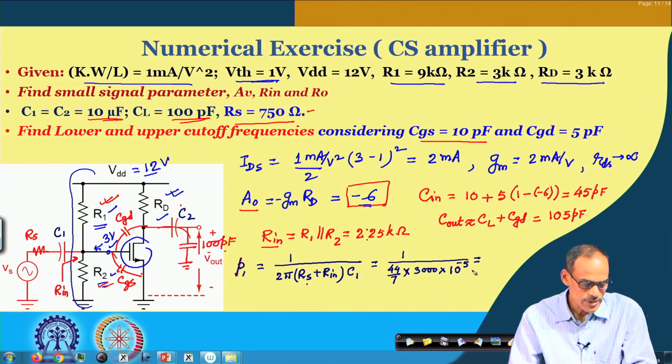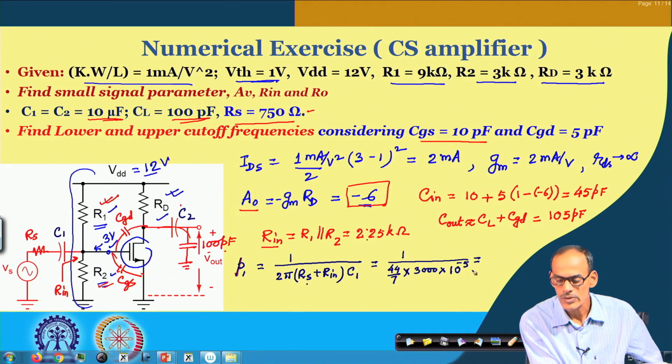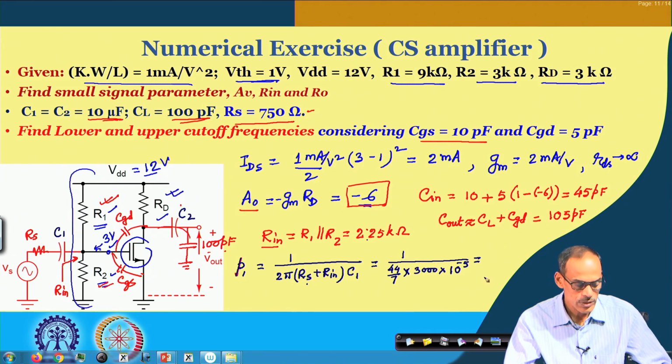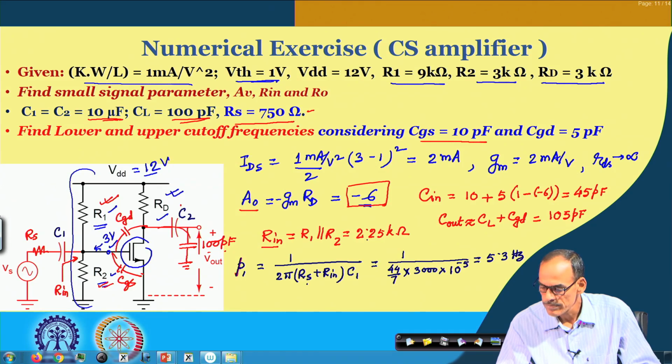So that gives us the lower cutoff frequency of this circuit, even lower than the previous case. This is equal to 5.3 hertz only.